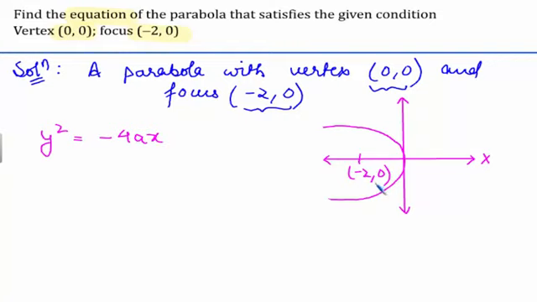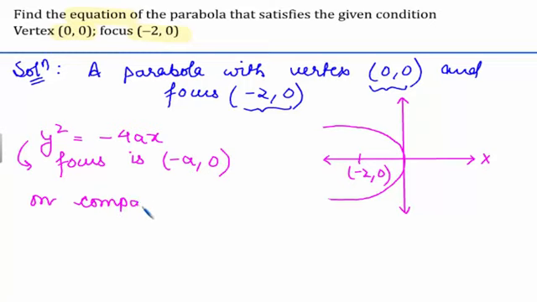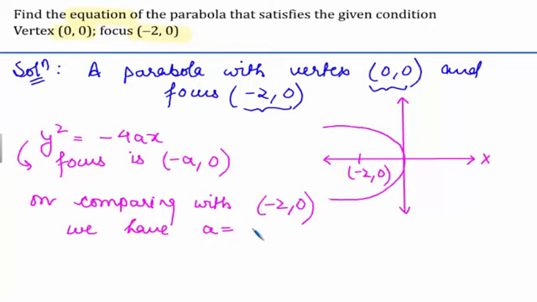And for this parabola, the focus is (-a, 0), and on comparing this focus with the given focus, we see that a is equal to 2. Therefore, substituting a is equal to 2 in the standard form of the equation of a parabola.